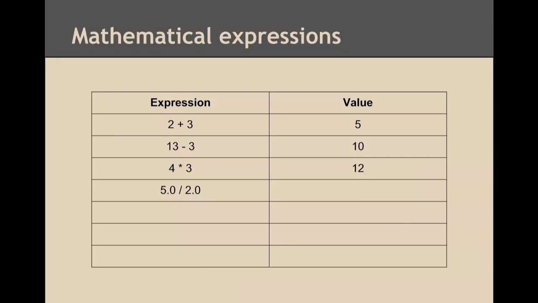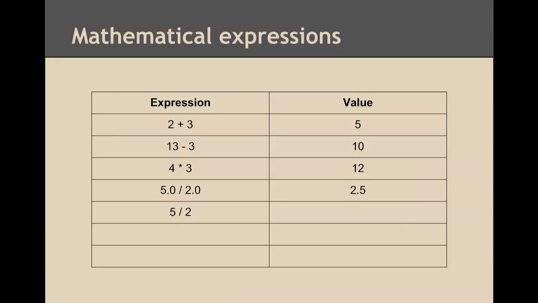5.0 divided by 2.0, notice that we're using floating point numbers there instead of integers. That's going to come out to 2.5, which we expect. But there is a wrinkle with division, and that's what happens when we do this, 5 divided by 2. The thing to look for here is that both sides of the division operator are integers, the 5 and the 2. Neither of them have a .0 after it.